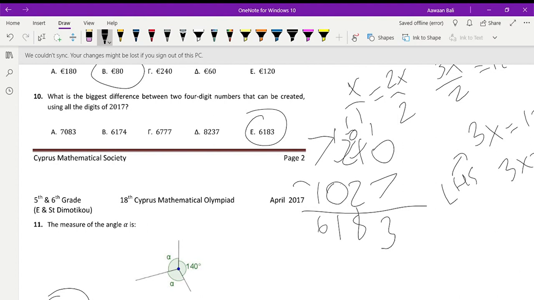And we subtract them because it's asking for the difference. It's asking for the biggest difference. The reason we took the biggest number and the smallest number is that if we have the biggest number and subtract the smallest number possible, we get the biggest difference possible.